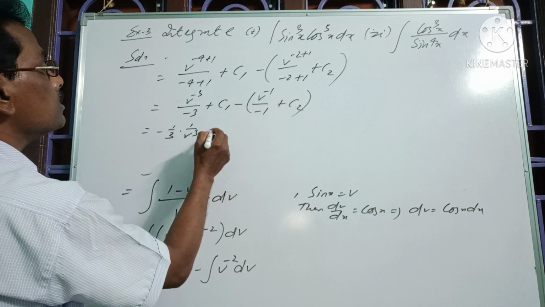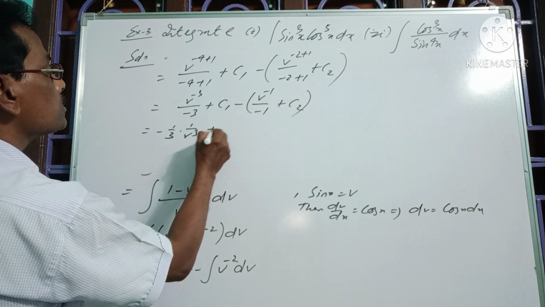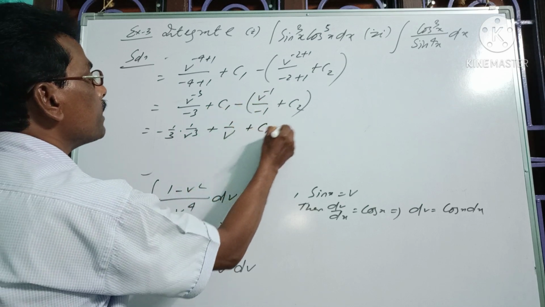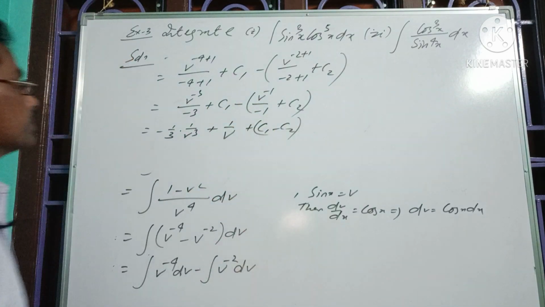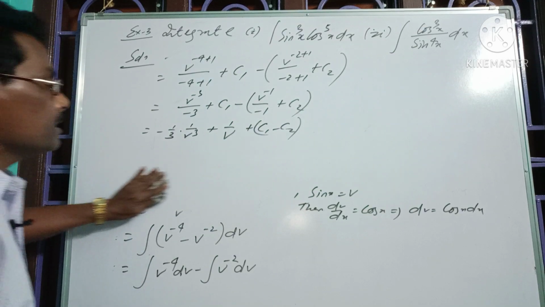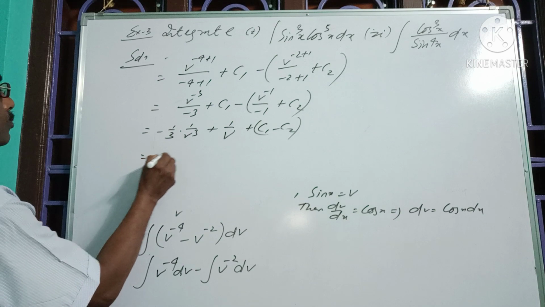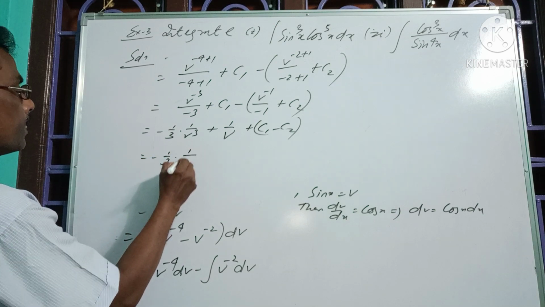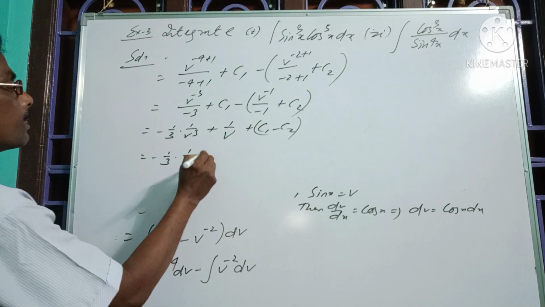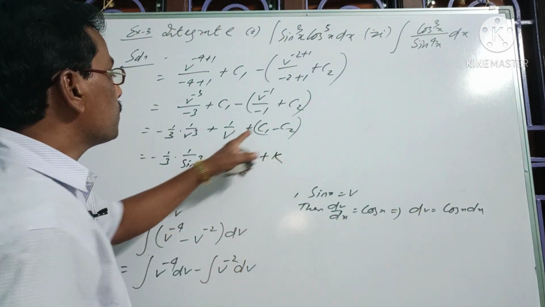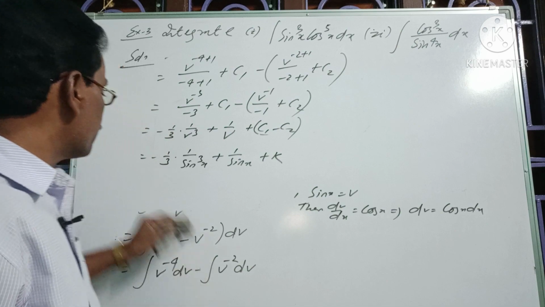Collecting the constants, we have minus into minus plus 1 by v plus c1 minus c2 for the constants of integration. So finally substituting v as sin x, we have minus 1 by 3 into 1 by sin cube x plus 1 by sin x plus k in place of c1 minus c2, where k is the constant of integration.